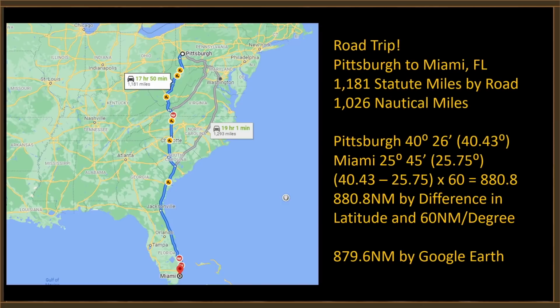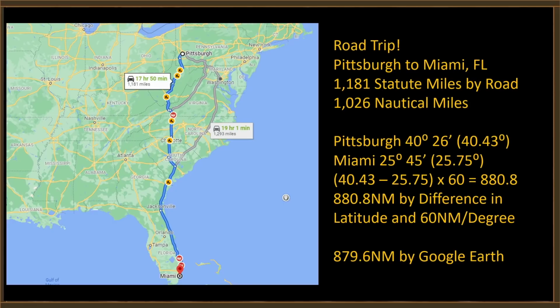Now let's look at the latitudes. Pittsburgh is at 40 degrees, 26 minutes. That's 40.43 degrees. Miami is at 25 degrees, 45 minutes. That's 25.75 degrees. If we take the difference in those two latitudes, times 60, we get 880.8 nautical miles.